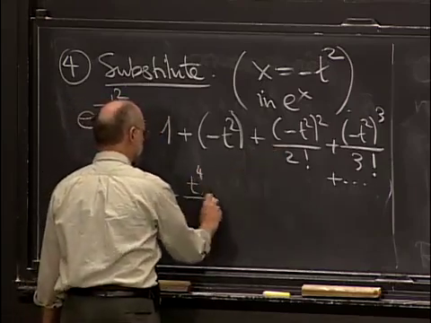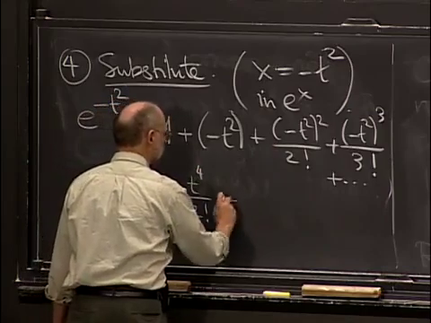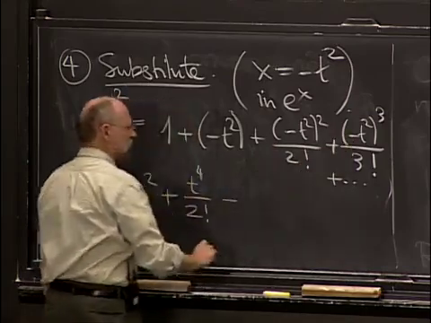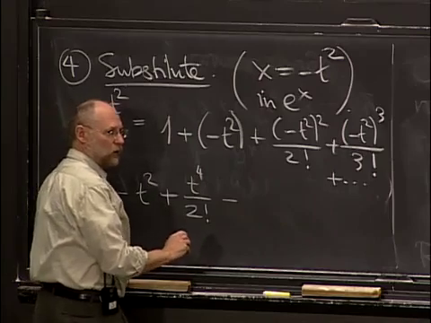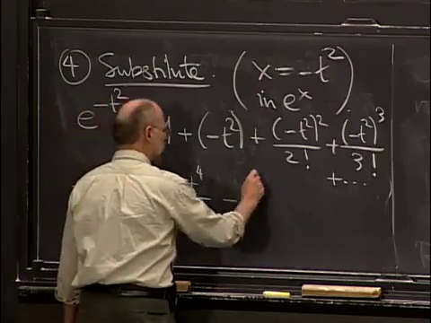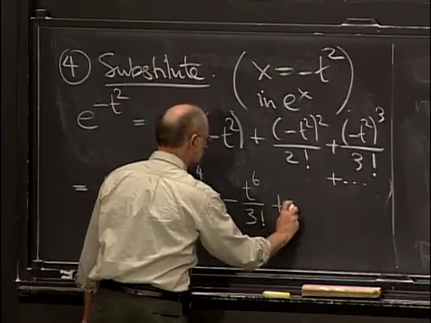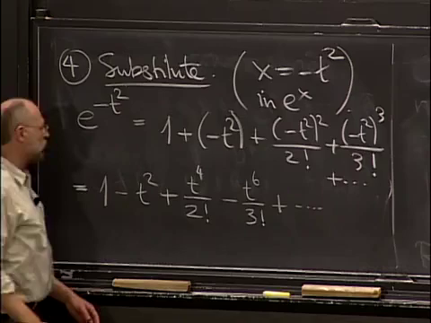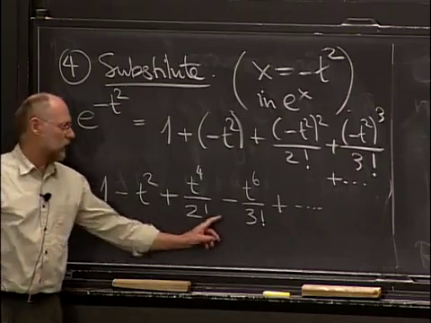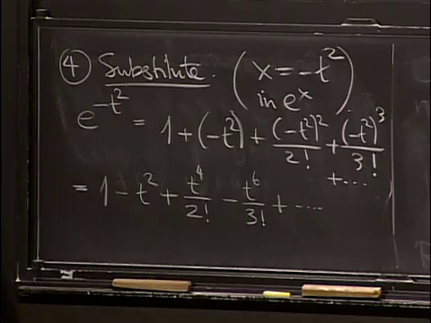So I get t to the fourth over 2 factorial. Then I get minus t quantity cubed, so there will be a minus sign and a t to the sixth, and the denominator is 3 factorial. So the signs are going to alternate. The powers are all even, and the denominators are these factorials. Okay?